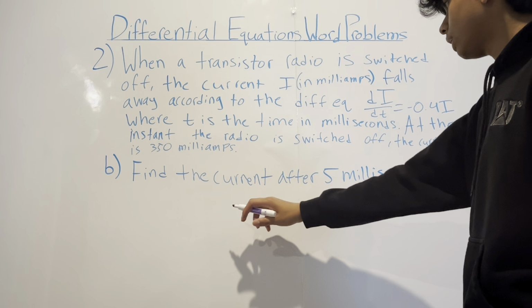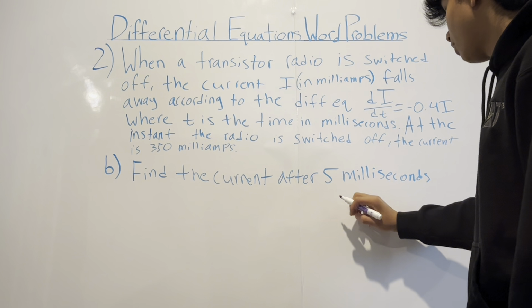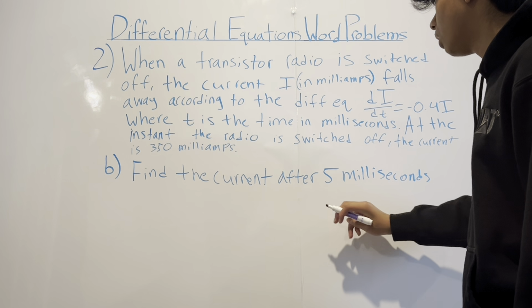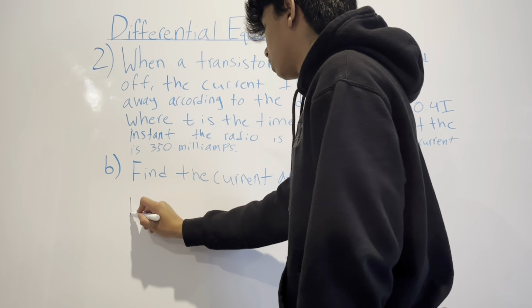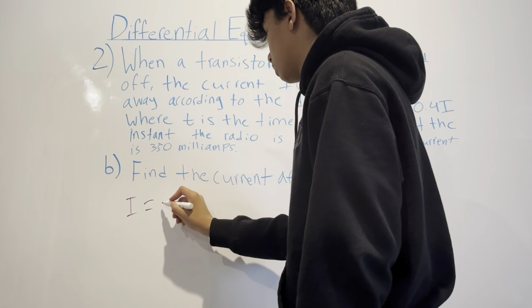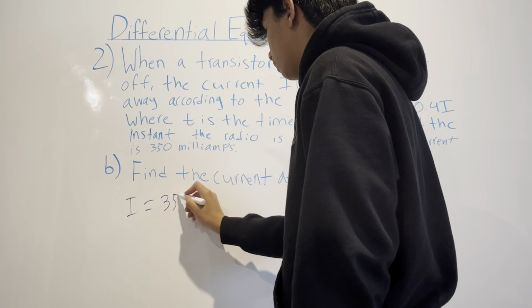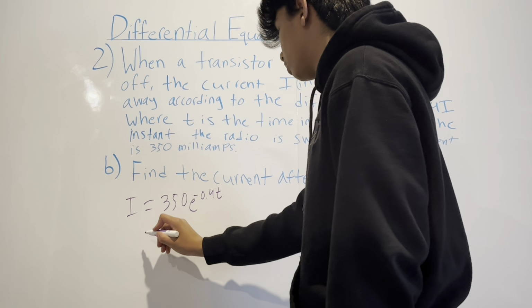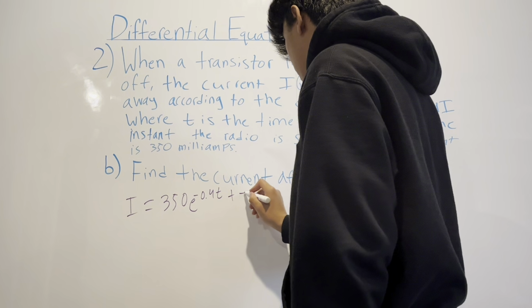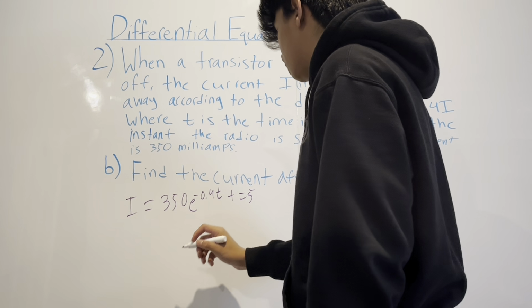2b, we have find the current after 5 milliseconds. So basically what we have to do is from our equation, I equals 350 e to the negative 0.4 t. All we have to do is plug in t equals 5 to find the current.